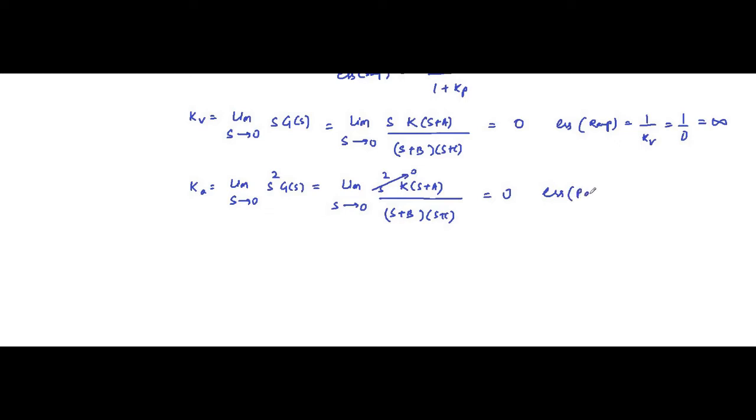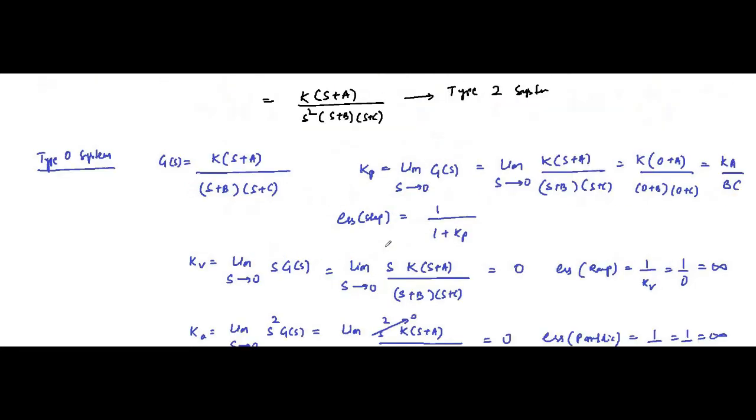So here the steady state error, if we consider a unit parabolic input being applied, in that case it is 1 by Ka is equal to 1 by 0, which is equal to infinity.